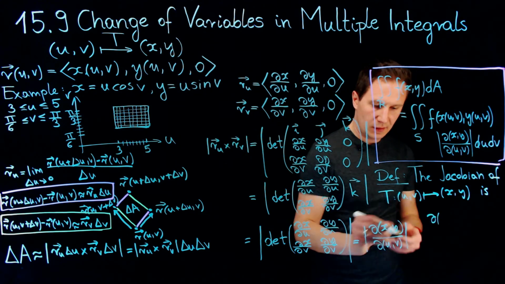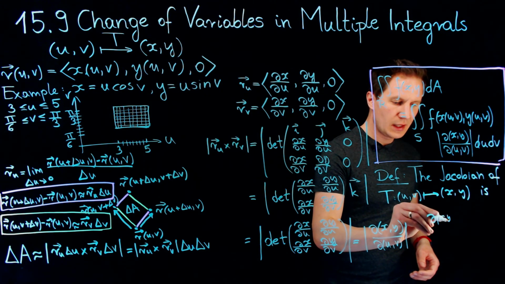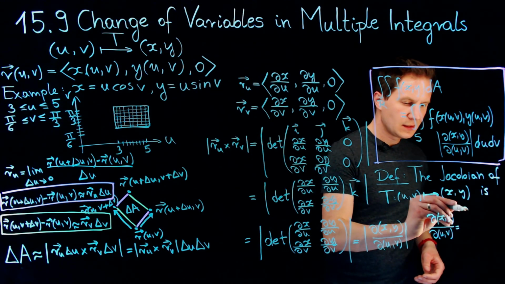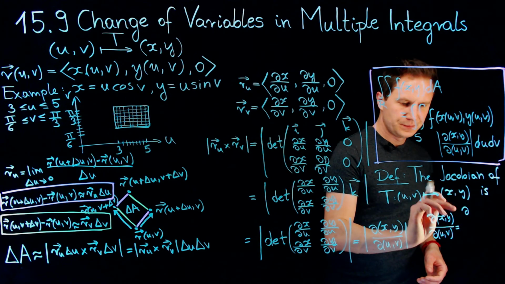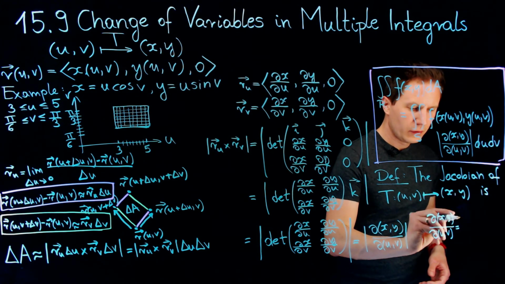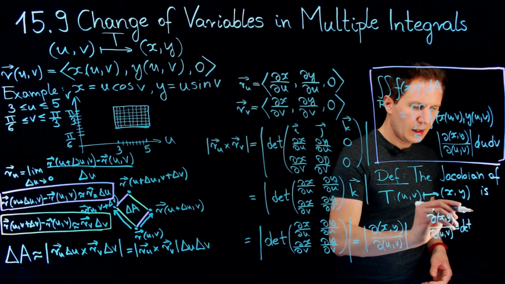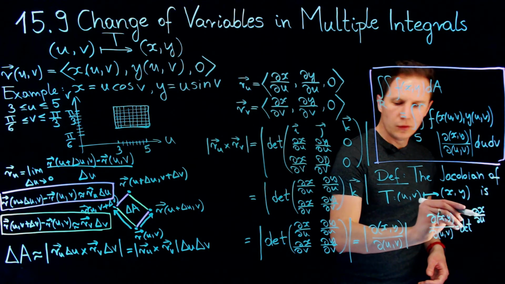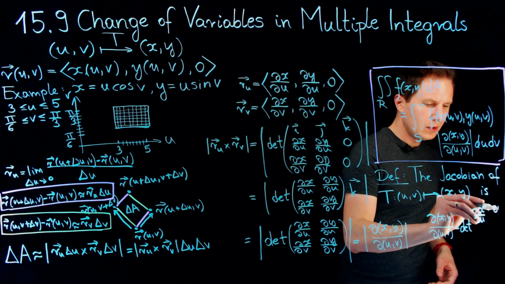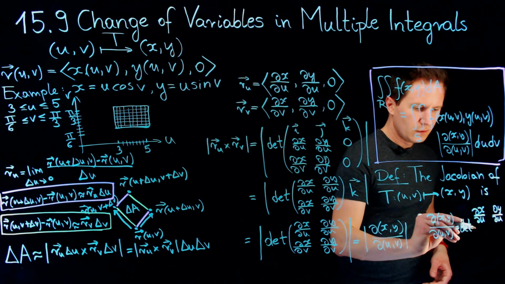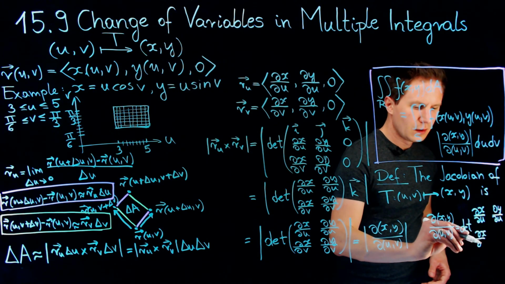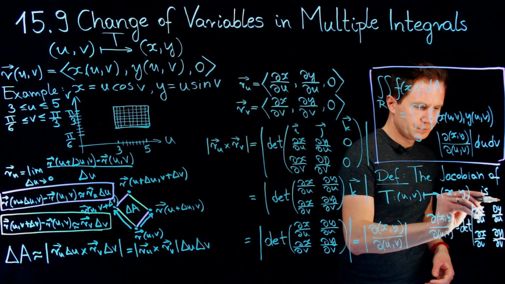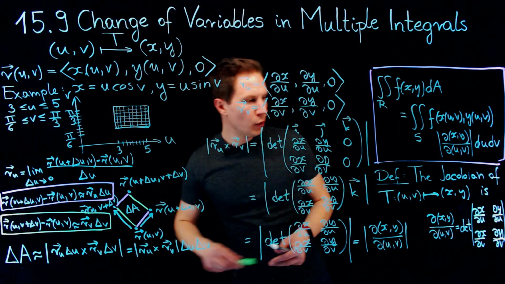It is denoted dxy over duv, and it's the determinant of the matrix with elements dx over du, dy over du, dx over dv, and dy over dv. So this is the Jacobian.